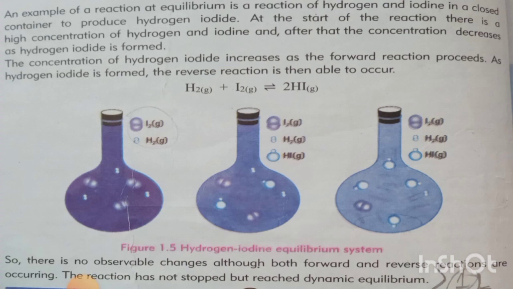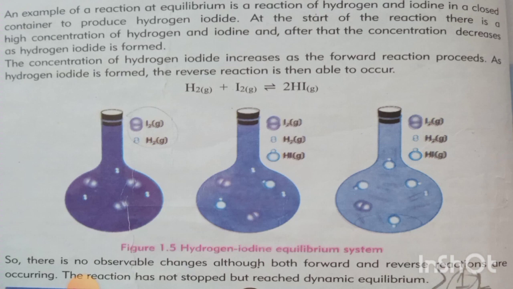As hydrogen iodide is formed, the reverse reaction is then able to occur. When we have a maximum concentration of product, then it will start to go in the backward direction to form the reactant side. As you can see, first hydrogen and iodine will react to each other, and then they will form a product known as hydrogen iodide.